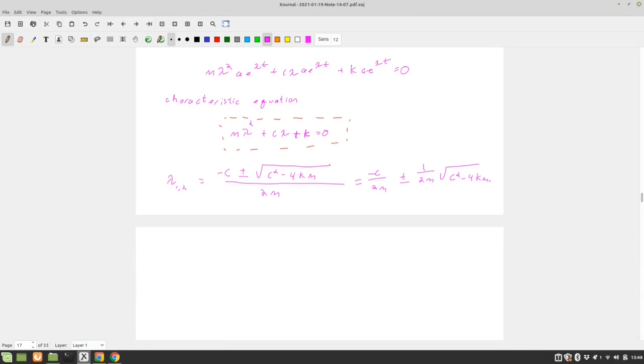But there are also situations where this whole thing can be positive. So what we're going to do now is break this equation up. There are multiple ways to solve this equation, depending on what is in the radicand. Does that make sense?